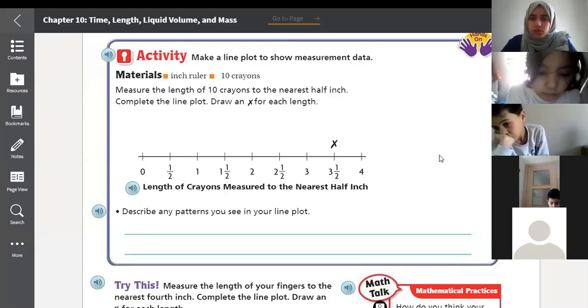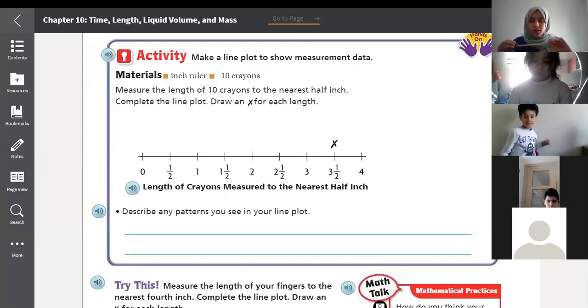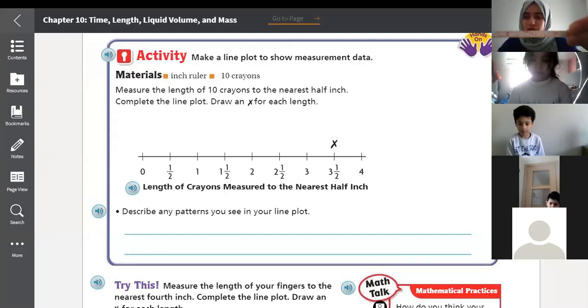So here, I'm going to show you guys a ruler, your eraser, whatever stationery you have around you. And for my ruler, I'm going to use my measuring tape because it also has measurements in inches, if you guys can see it.